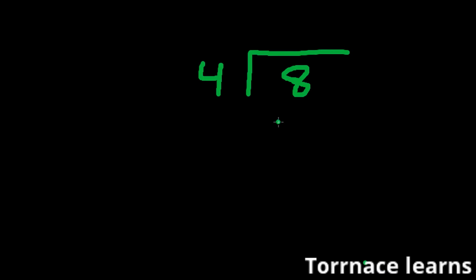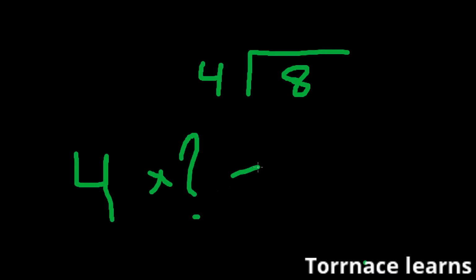If we start right here, 8 divided by 4, what do we multiply with 4 that will equal 8? This may look confusing, but I'm just gonna do 4 times something. I'll put a question mark equals 8, and that is what this division is. It's 4 times something equals 8.